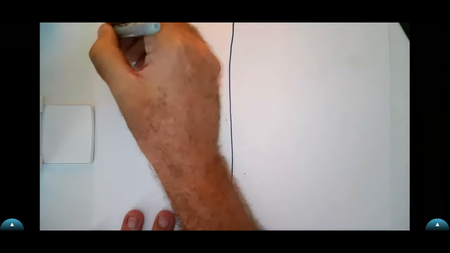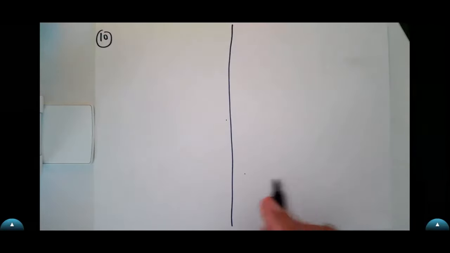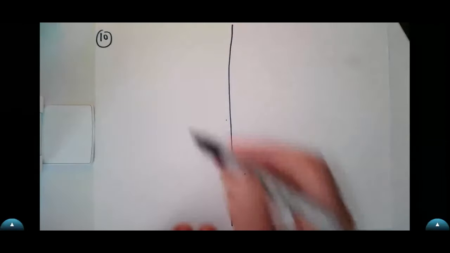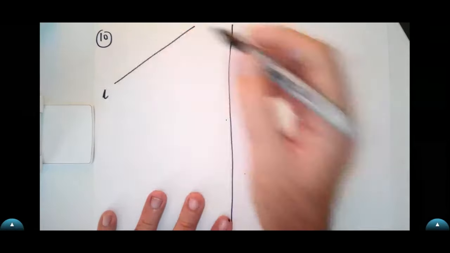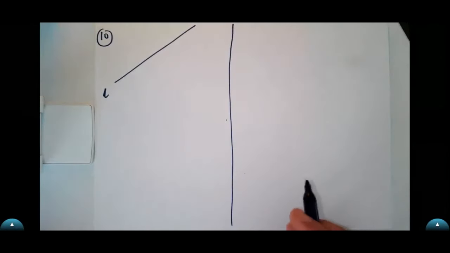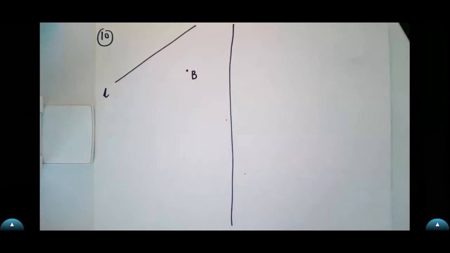So this is question 10. And before I write out all the stuff, let me just draw a little picture, because I think pictures are very helpful when it comes to working out and understanding the problem.